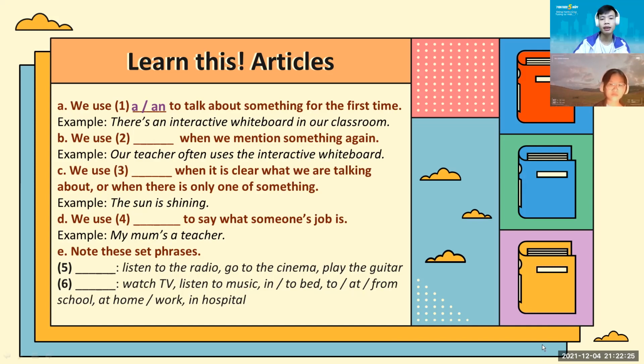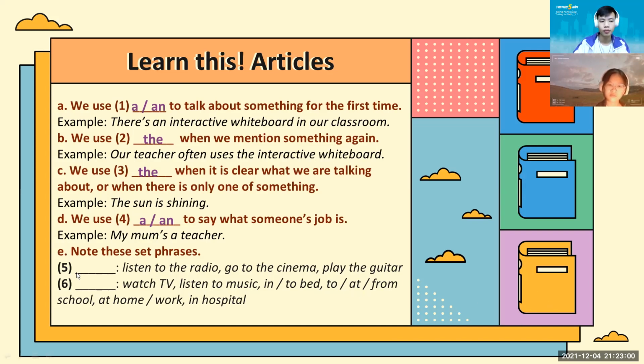Now, when we mention something again, we use the. When it is clear what we are talking about, and when there is only one of something, we use the. To say what someone's job is, we use a and an. So note these short phrases.